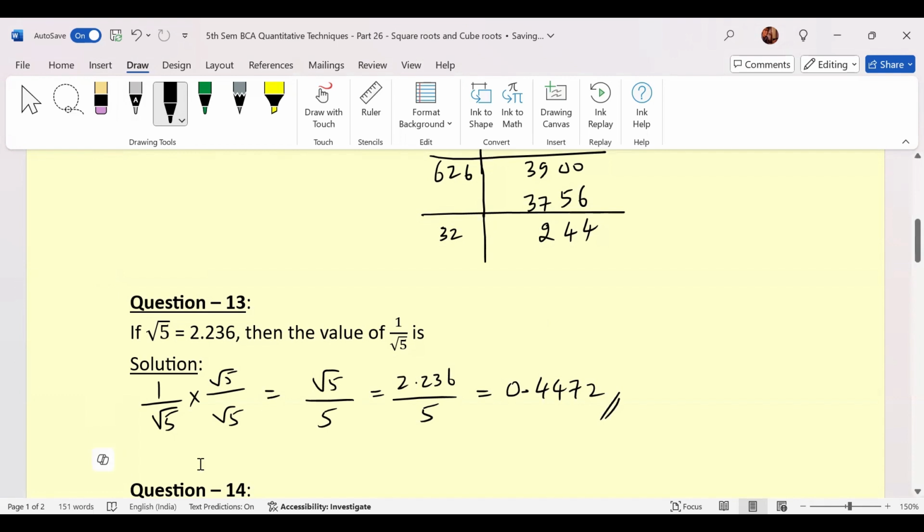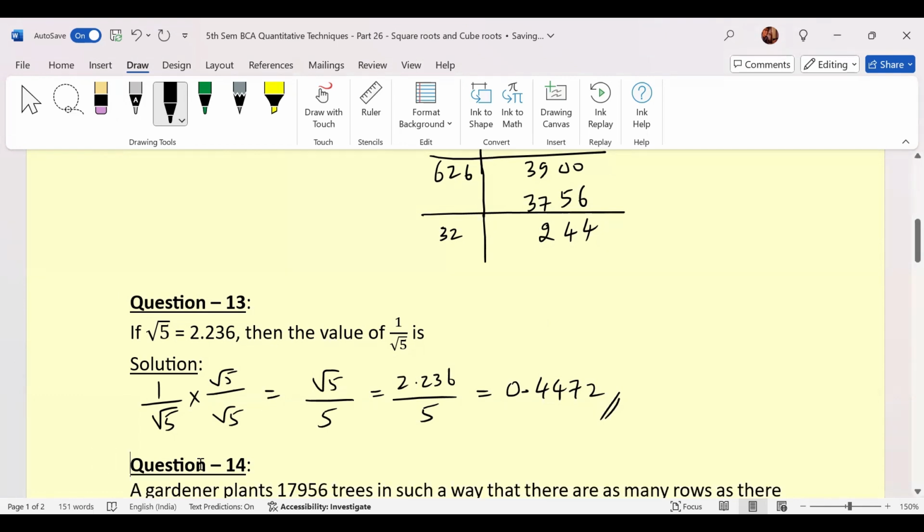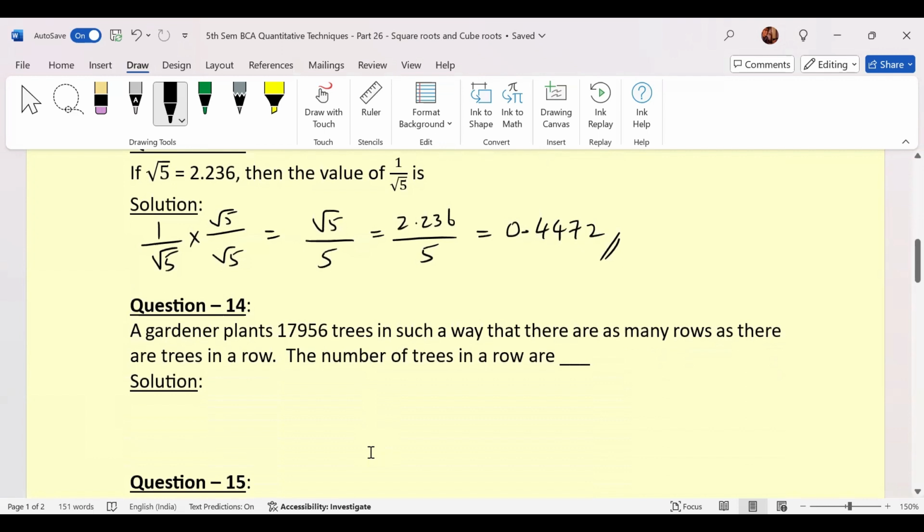Let us move on to the next question, that is the 14th question. A gardener plants 17,956 trees in such a way that there are as many rows as there are trees in a row. The number of trees in a row are what?